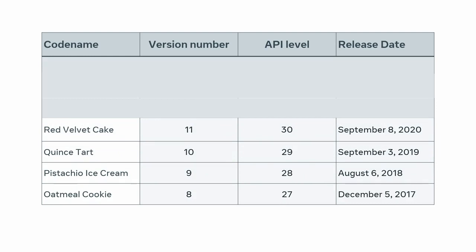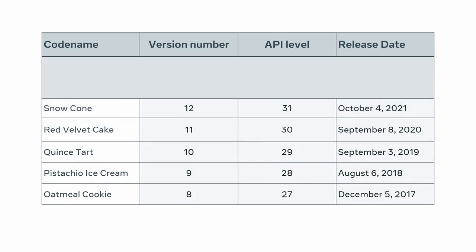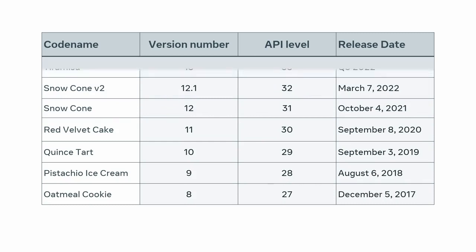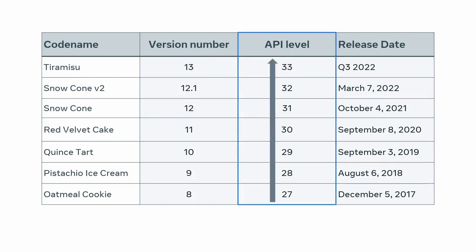These were followed by Snow Cone in 2021, Snow Cone V2 in March 2022, and Tiramisu. With each release of a new version, the API level increases, with the most recent OS image having the highest API level. Now that you know more about the OS images, let's explore how to access them in Android Studio.